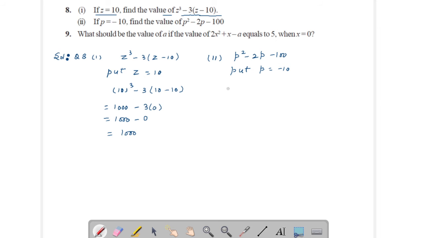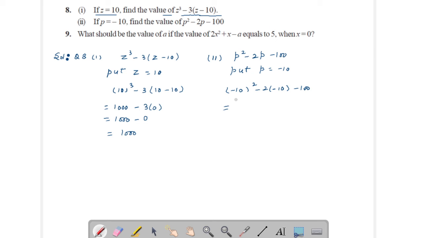What will you get? Replace p by minus 10. You will get minus 10 whole square minus 2 into minus 10 minus 100.